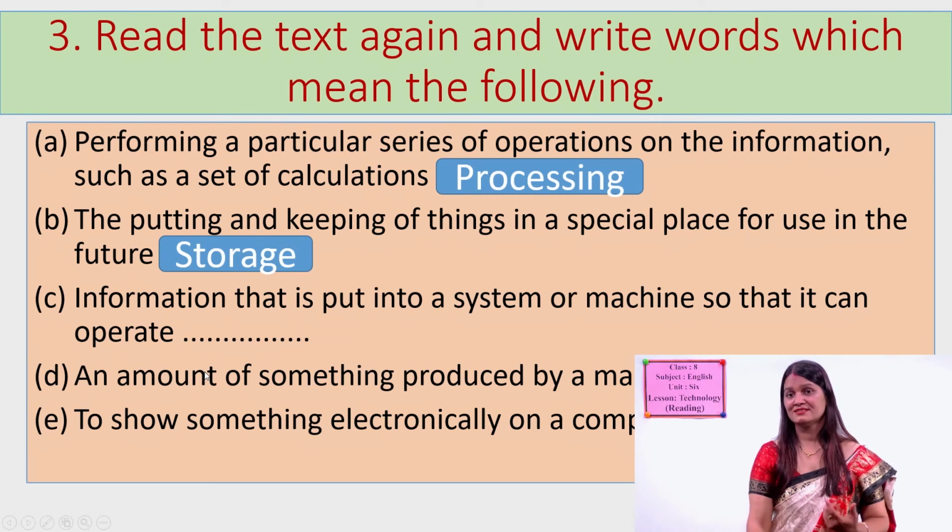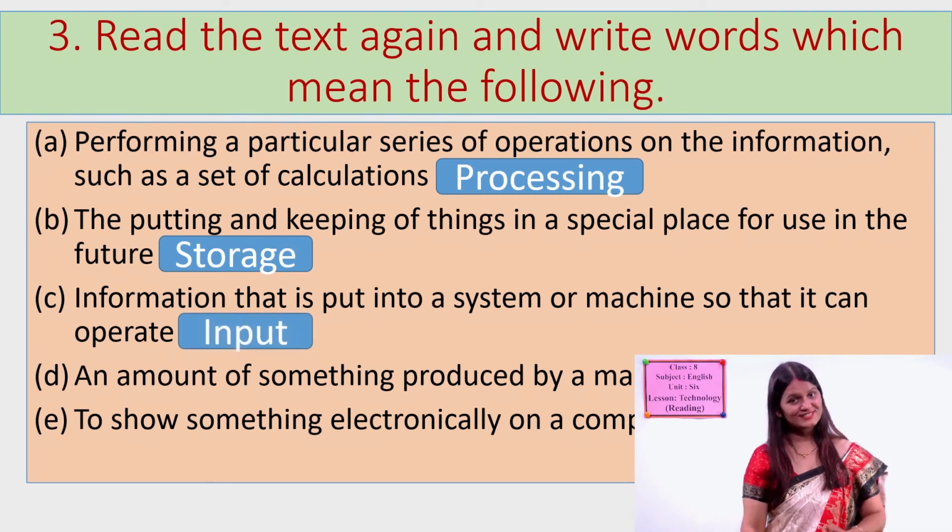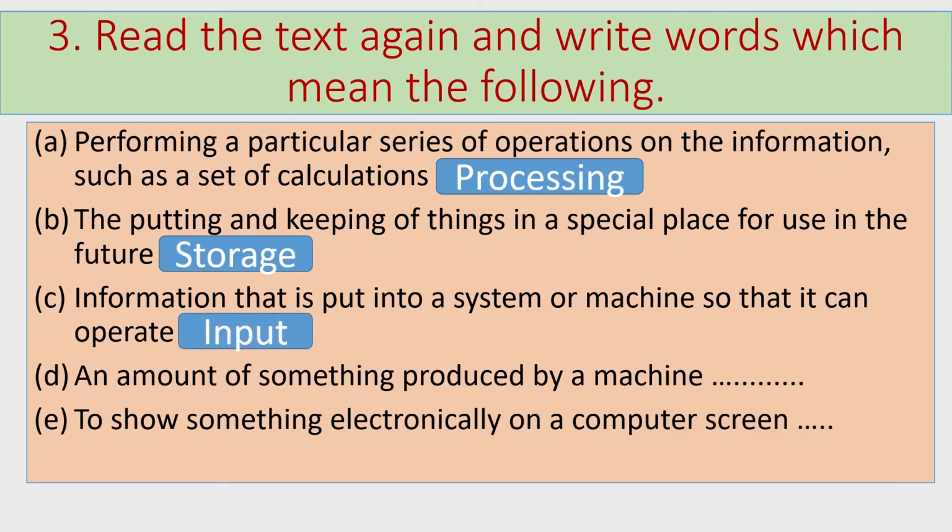What does it mean? Yes, it is input. An amount of something produced by a machine. What does that mean? That is output. Okay. To show something electronically on a computer screen is display. Okay. This monitor displays everything. So to show something electronically on a computer screen is display.